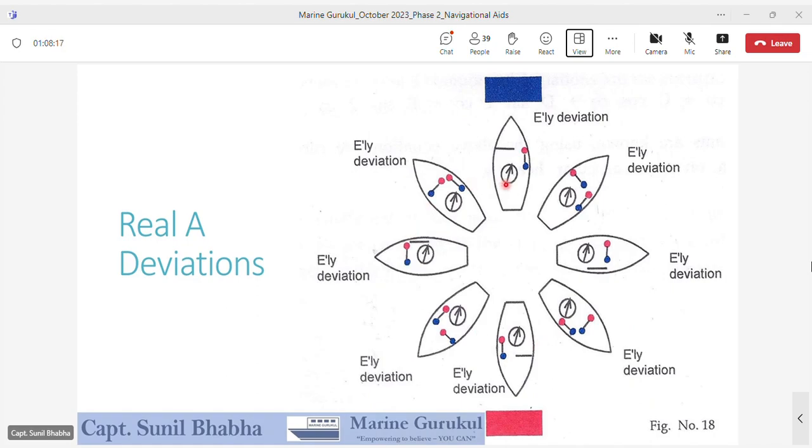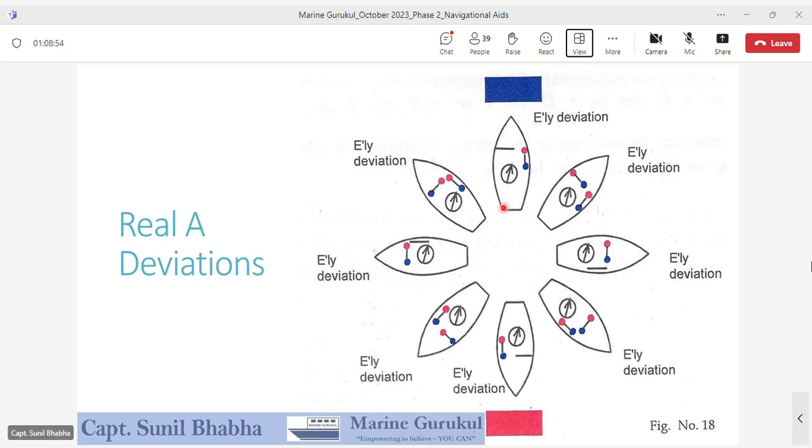And in each of these headings, we are going to analyze how this unsymmetrical pair of horizontal soft iron structures generates a deviation which does not change. So we will first try to understand how these structures affect our ship, and second we will see how this effect remains the same irrespective of the heading of the ship.